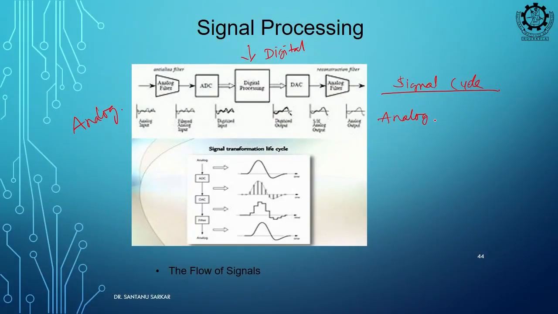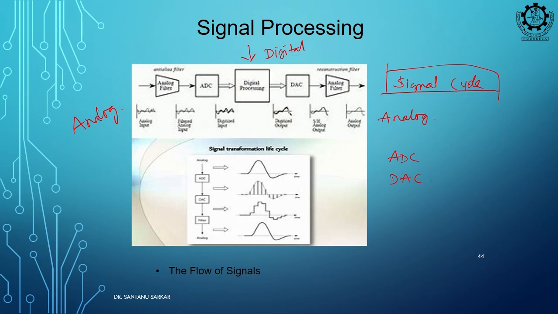Digital signals are more suitable for machines. So, again we need to convert it to analog. So, for any signal processing chain, two important conversions are there, one is analog to digital and another is digital to analog conversion. So, ADC and DAC are two other important blocks for this full signal processing chain.